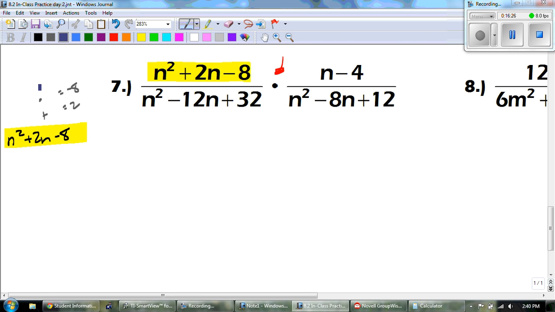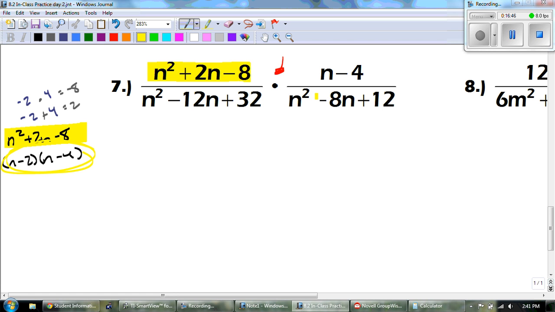It should be 2 and 4, but one of them has to be negative. Which one's negative? Yeah, negative 2. So that breaks down into n minus 2 and n plus 4.